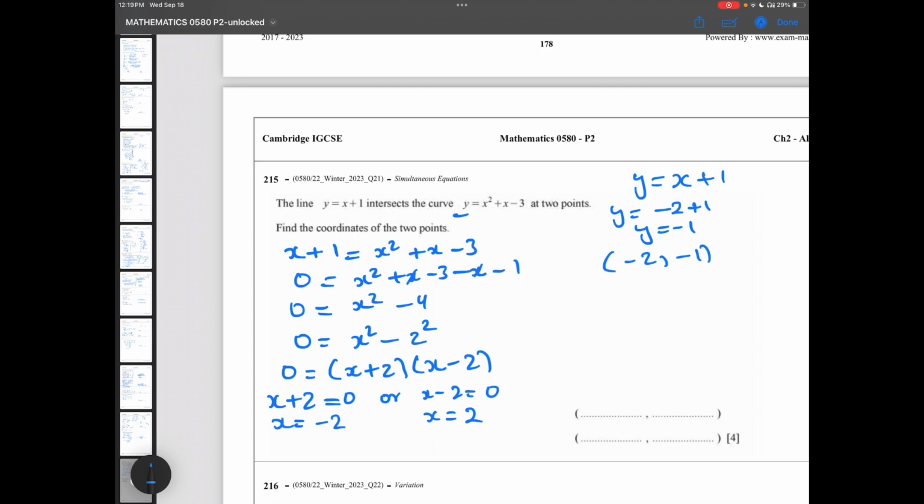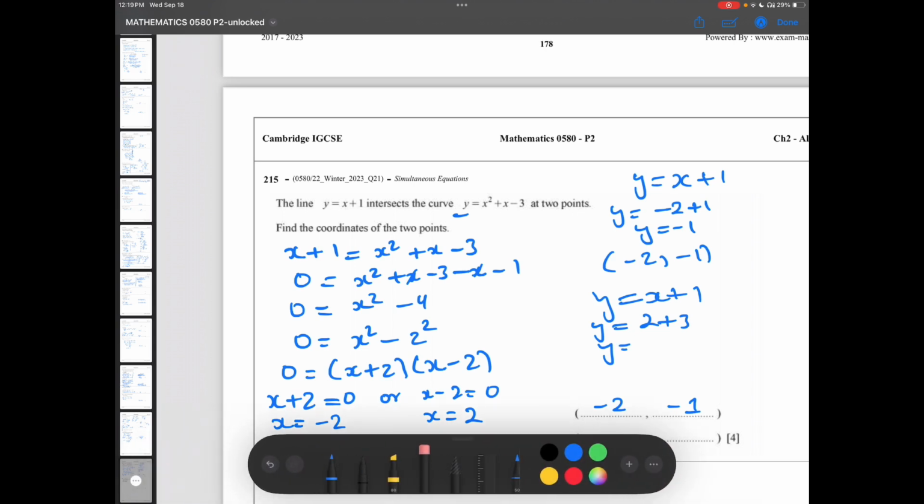Let's write over here x minus 2, y minus 1. Now in the same equation I will place another value of x, that was 2. So I got another value for y, that is 3. So another coordinate is 2 and 3.